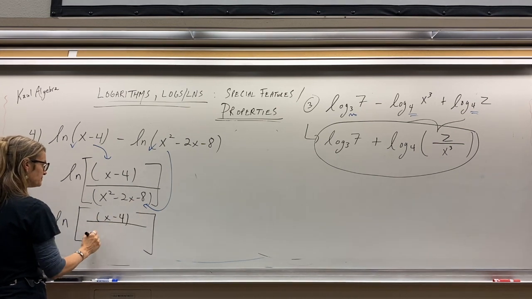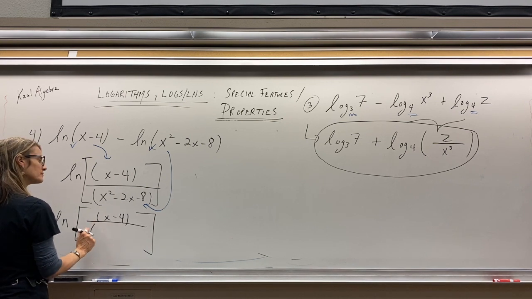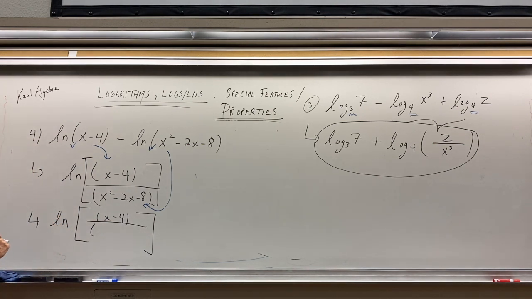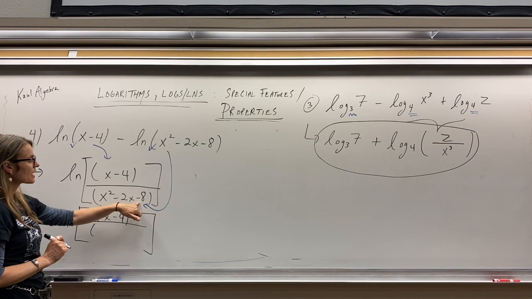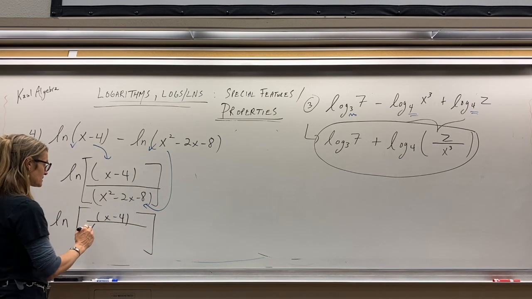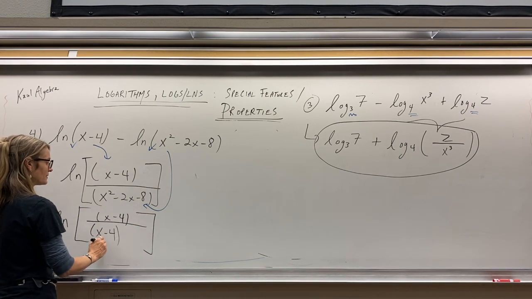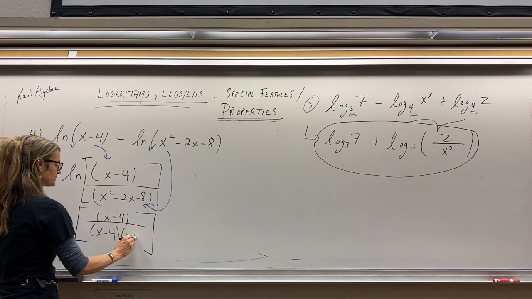Here I have not very good numbers. So does this one factor? Well, we have a minus 8, plus 1, minus 4, and plus 2. So that looks like x minus 4 times x plus 2.